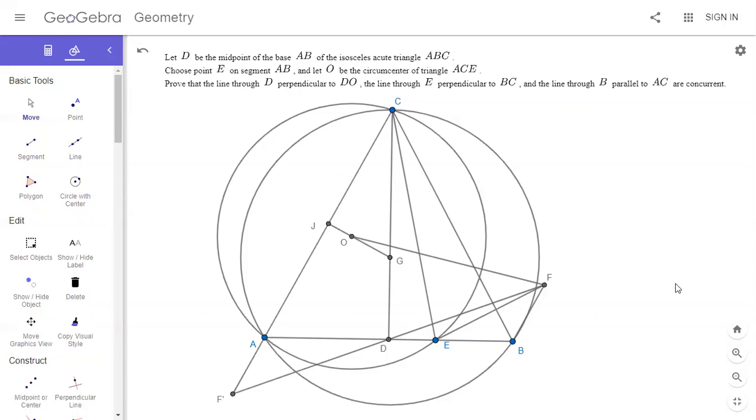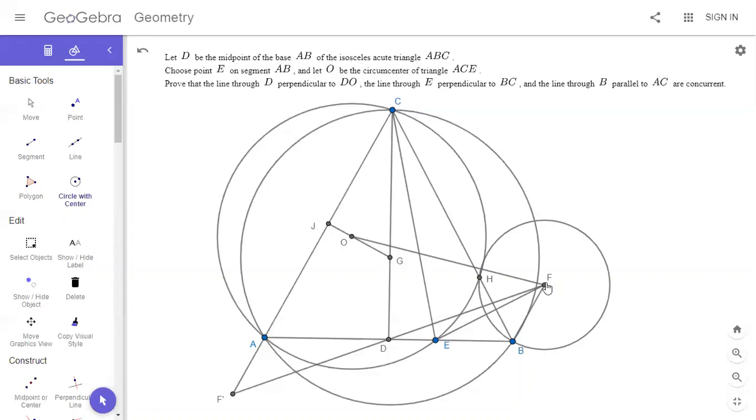If we label the intersection of AEC and BC, this point, is it possible that HF is equal to FB? Looks like it might be. Let's see. Yeah. And now we can try to show OHF is congruent to OAF prime, and then we are done.